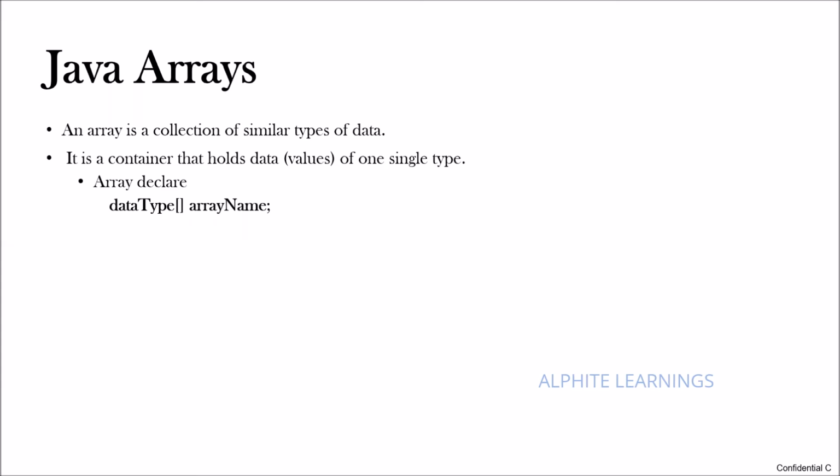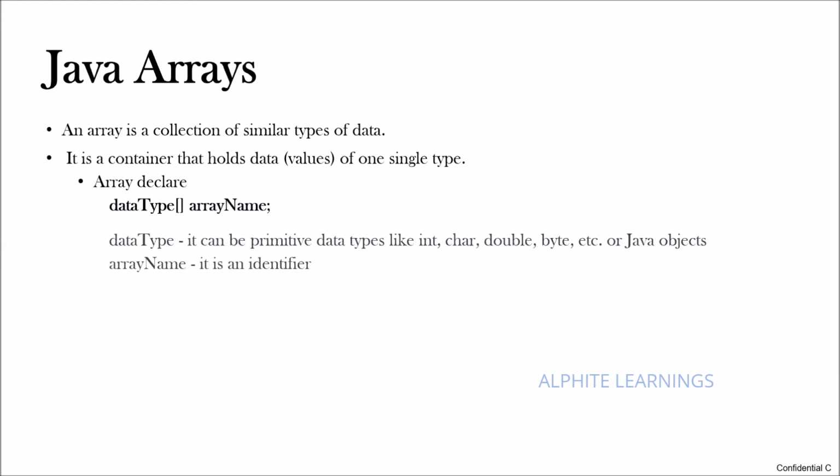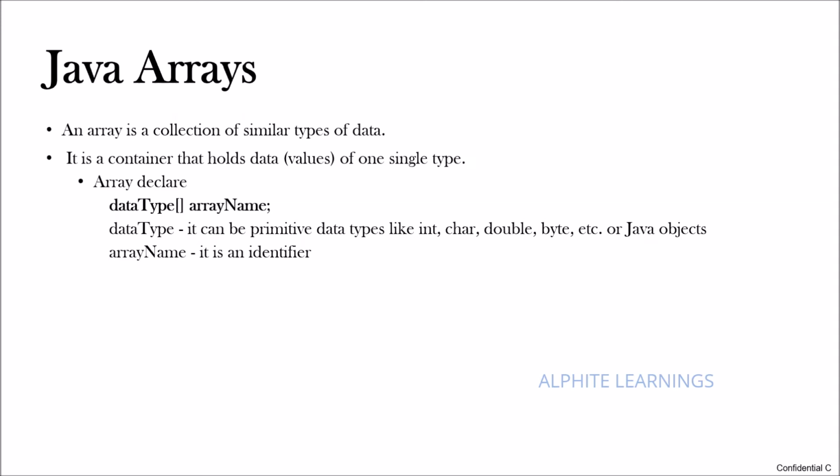So here we add a set of open square bracket and close bracket next to the data type, and then your array name. So this is how you declare an array. In the earlier case, it is a character array, and instead of data, we have given the variable name as vowels.